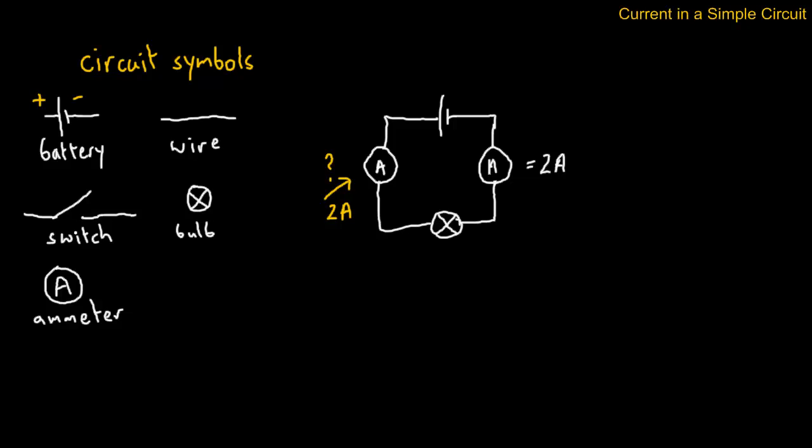So the actual flow of electrons going around the circuit in this direction is the same at any point around the circuit. So we can say current is the same all round the circuit.